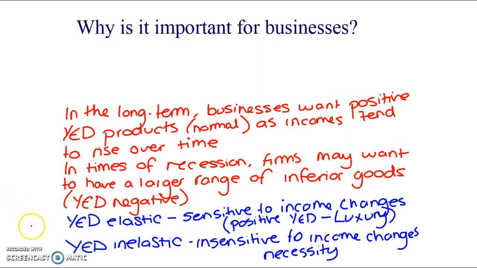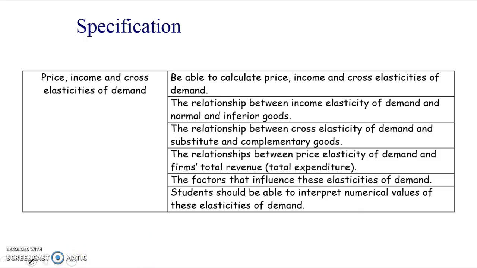Certainly if it's a more inelastic product, you're probably going to have more constant demand, whereas if it's very elastic, it is very sensitive to income changes. So the more of the luxury goods market, as long as it's positive, you tend to have big rises in demand when you've got boom times of the economic cycle. So that's YED.